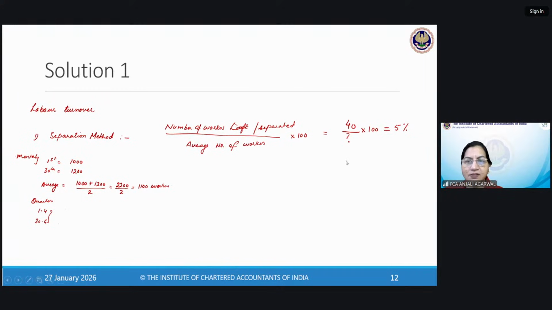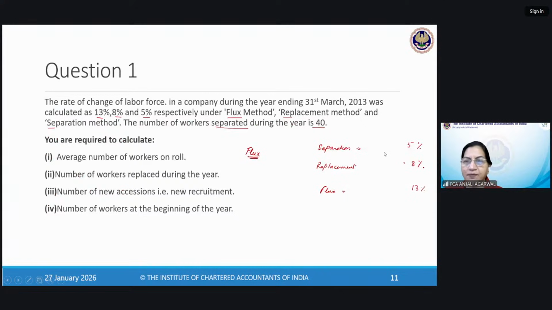So through this, you can calculate what is the average number of workers. So 40 divided by X, let's say, when you solve this equation, you will get X is equal to 800.